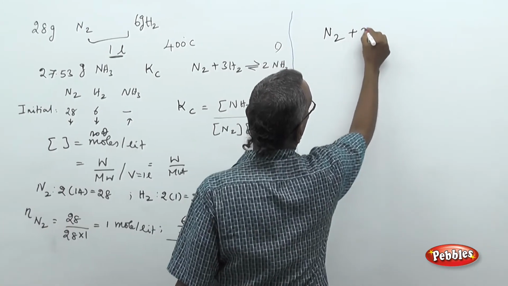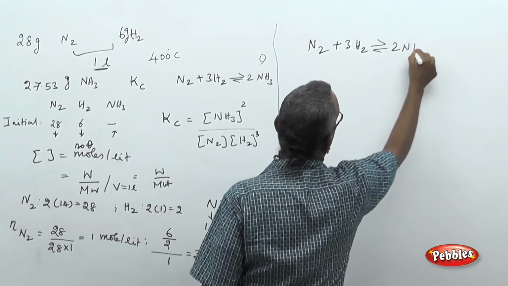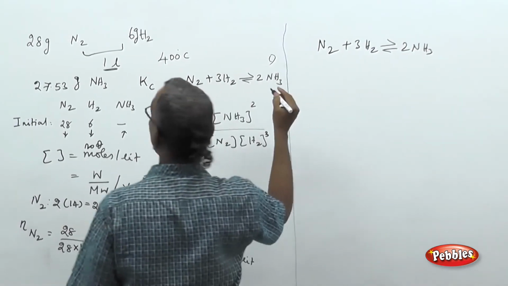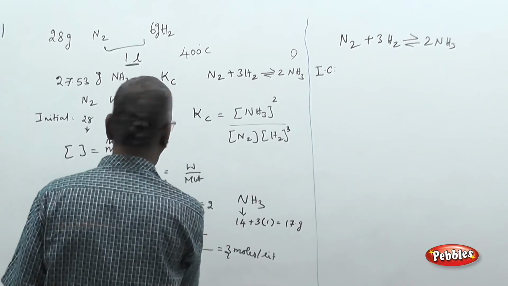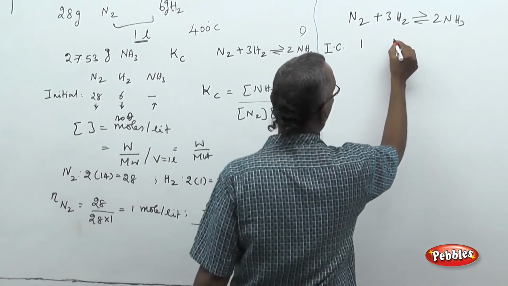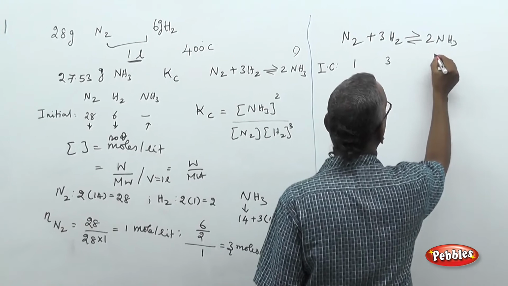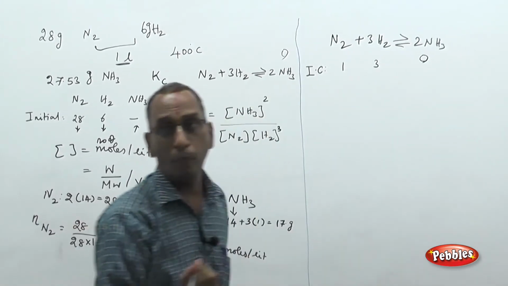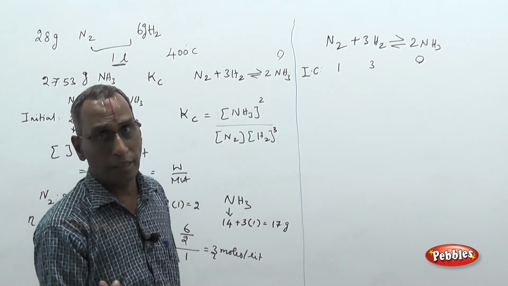Rewriting the equilibrium, N2 plus 3H2 giving 2NH3. The initial concentration we have found. Nitrogen initial concentration is 1 mole. Hydrogen initial concentration is 3 moles. But initially there will not be formation of ammonia. Initial concentration of ammonia is 0.